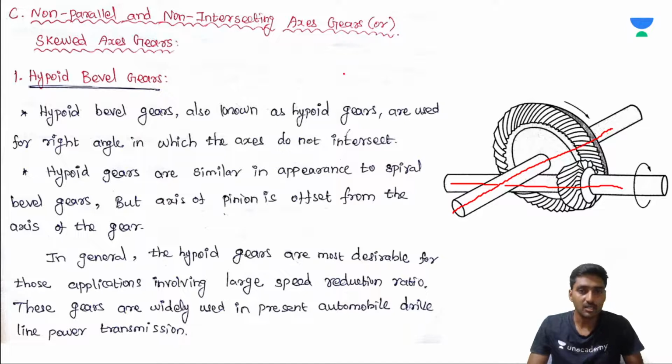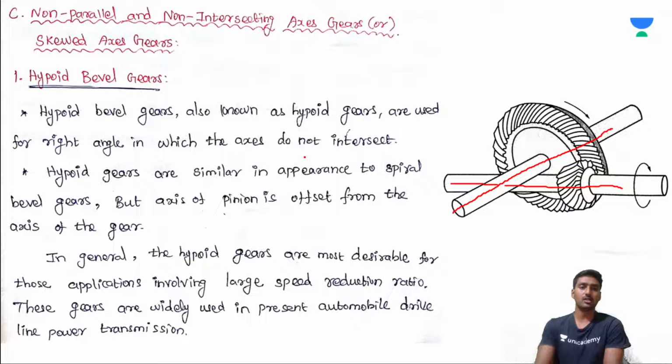Hypoid bevel gears, also known as hypoid gears, are used for right angles in which the axes do not intersect. Hypoid gears are similar in appearance to spiral bevel gears, but the axis of the pinion is offset from the axis of the gear, so they do not intersect each other.